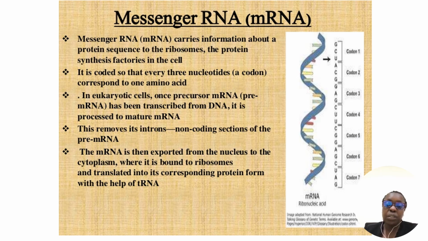One of the things is that in eukaryotes, the messenger RNA has both coding regions and non-coding regions. The coding regions are called exons, and the non-coding regions are called introns. So once this messenger RNA is made in eukaryotes, it has to undergo some modification to remove the non-coding regions, referred to as the introns.